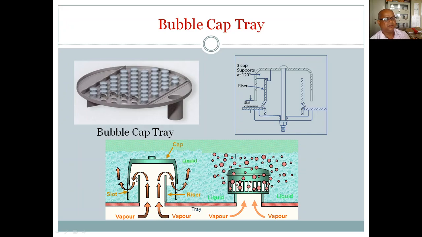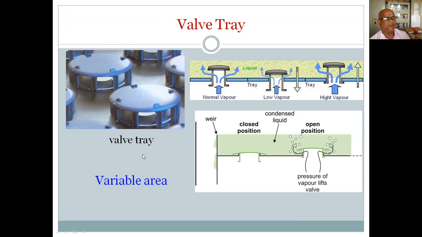Then the next design came with the valve tray. What is a valve tray? It is very easy. This is one valve, a circular plate with two extended parts, like tags.